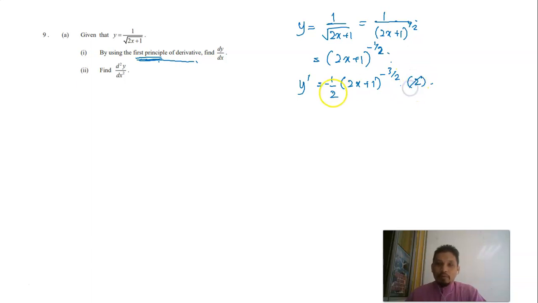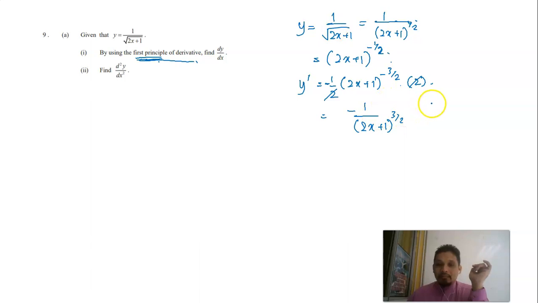So 2 divided by 2 gives negative 1 over 2x plus 1 to the power of 3 over 2. Class, for this question we cannot simply differentiate like this.